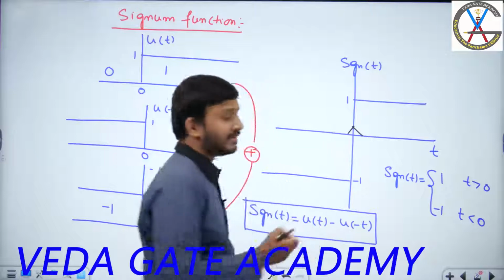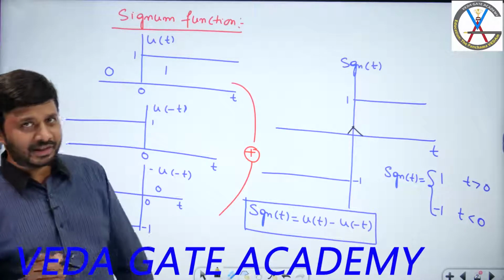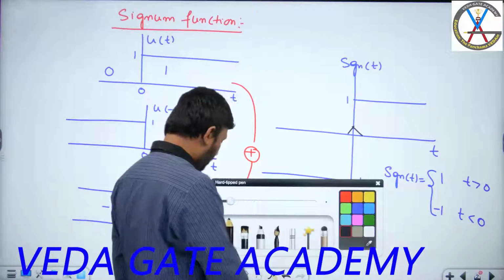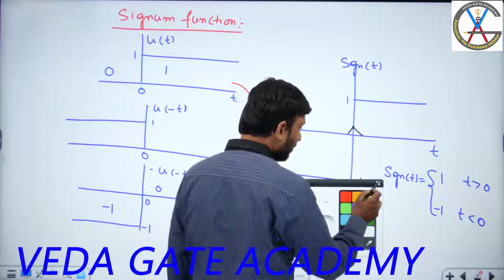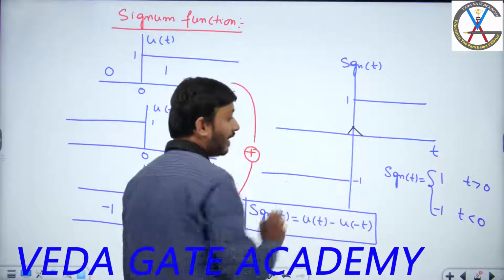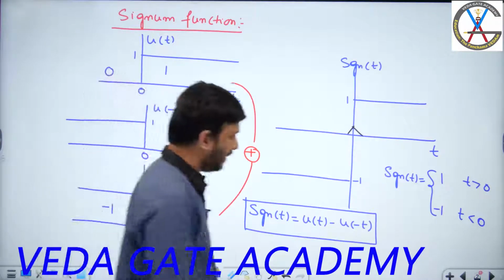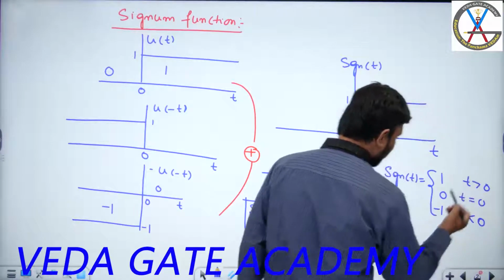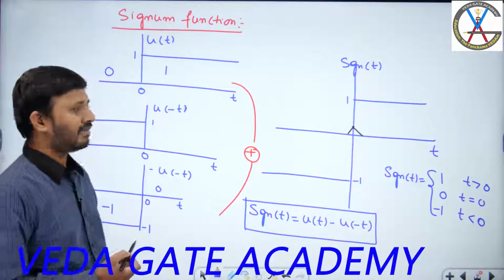Sudden rise in the signal is termed as discontinuity. In the previous signal we have seen, whenever you have discontinuity, simply take the average of the values according to Gibbs phenomenon. So it is nothing but 0 at t equal to 0. This is the definition of the Signum function.